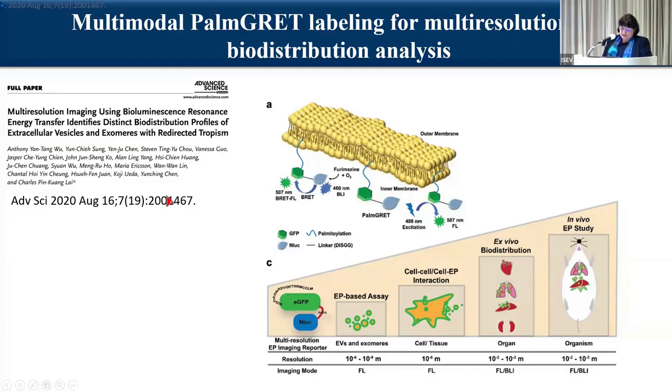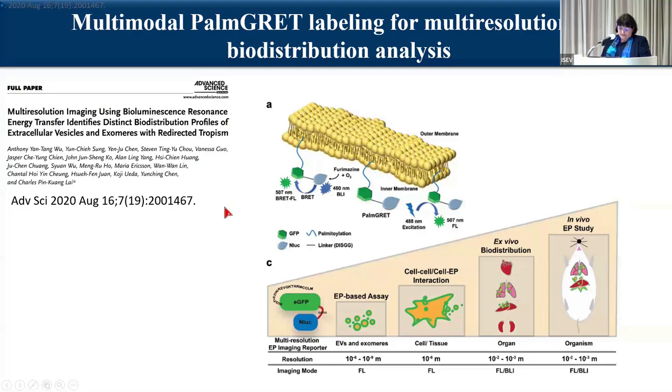That was published by the group of Charles Lai. In this system, as you can see in the schematic drawing, from cells and EVs and even non-EV particles up to in vivo whole body studies, you can use the labeling.